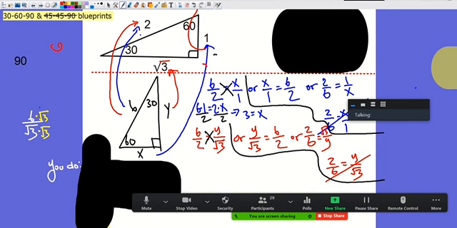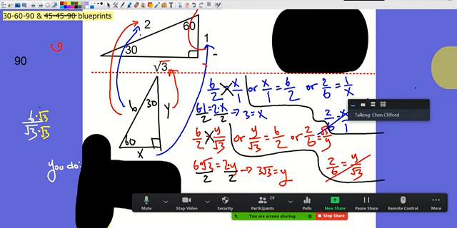Here you get 6 root 3, so 6 times root 3 equals 2 times y. Then I'm going to divide both sides by 2, and you get 3 root 3 equals y.